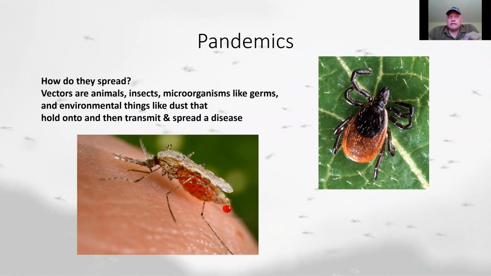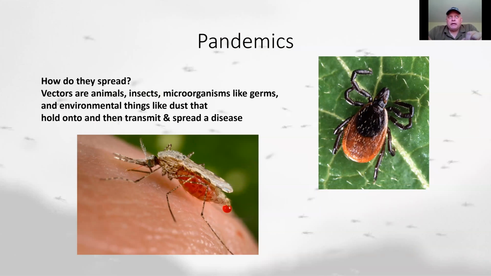Now, often diseases are spread by various means. And insects are one way that some of the most famous diseases get spread. Mosquitoes spread malaria and yellow fever.